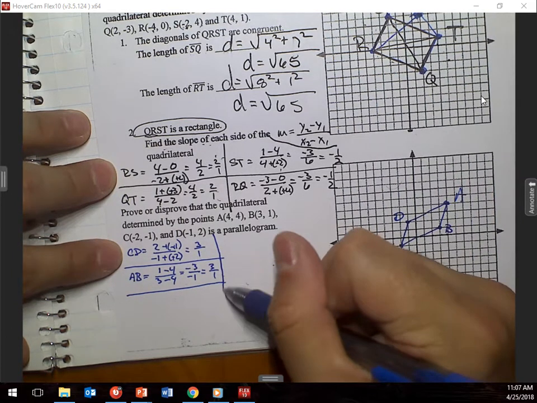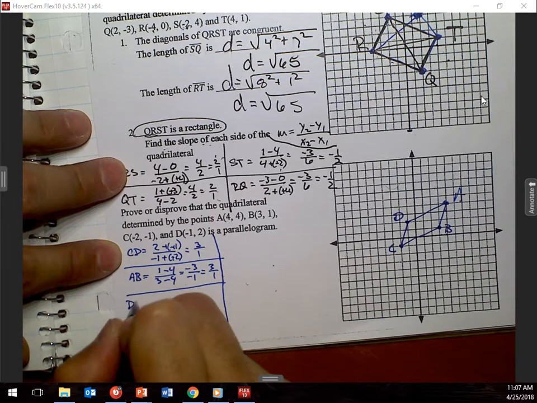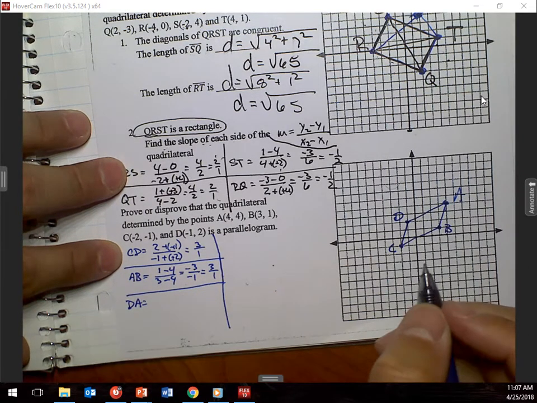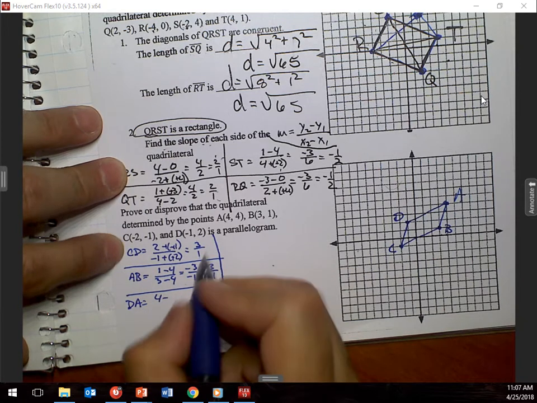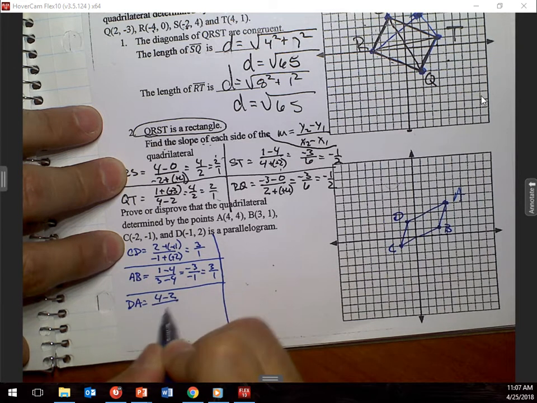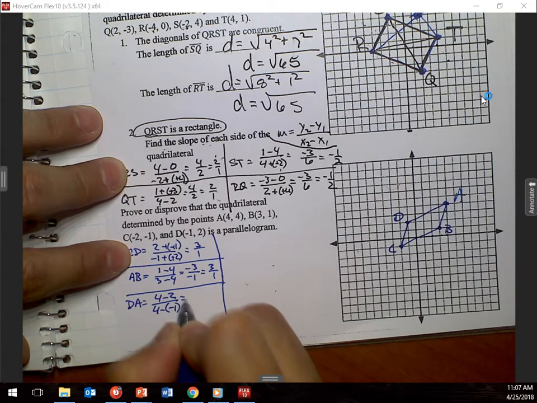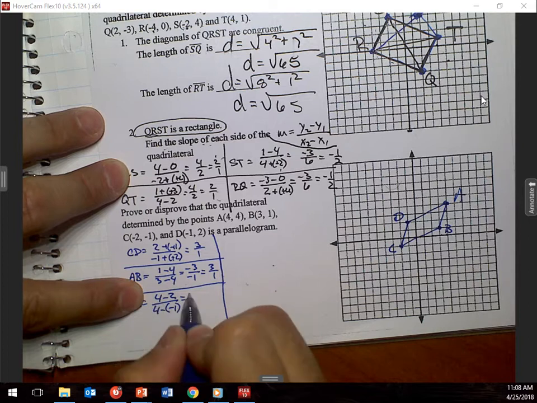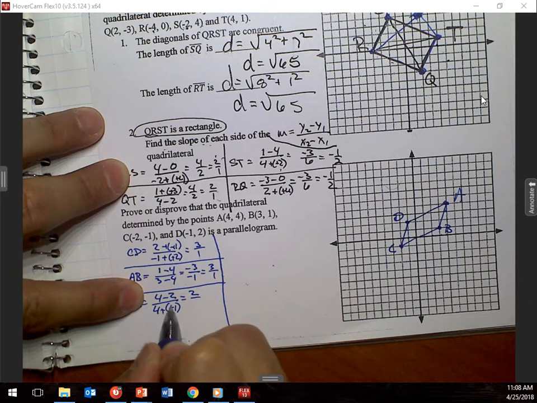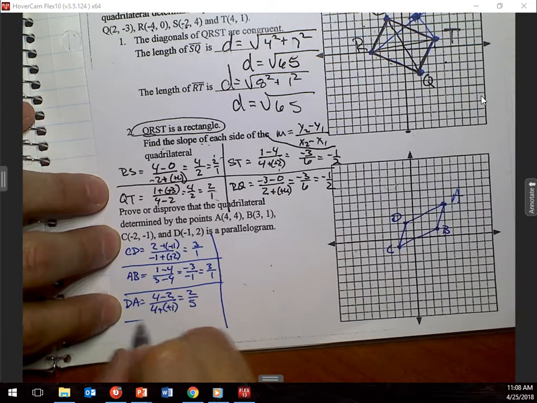Okay, next two. Let's do DA. A is the second one. So it's going to be 4 minus 2 over 4 minus -1. So this is going to give me 2 over 5. Now, let's do the last one. The last one would be what? CB.